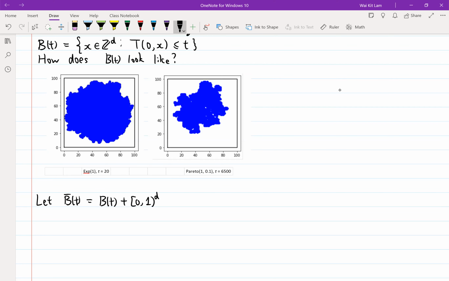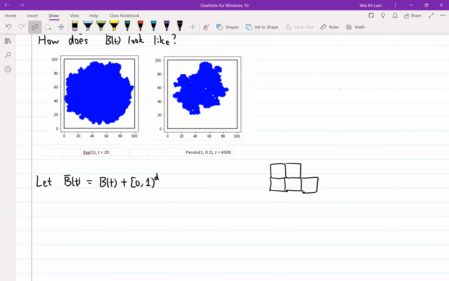B(t) is a set of points in the Euclidean space, and now you add [0,1]^d. In other words, you replace each vertex by a square, or by a cube. Then this gives you a region in R^d. And in a certain sense, this B bar converges to a limit shape.